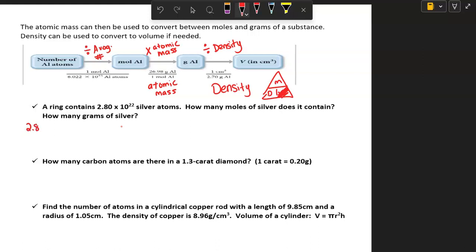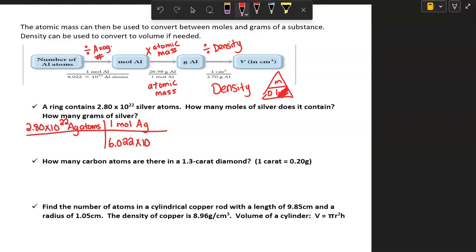So 2.8 times 10 to the 22nd silver atoms is where we're starting. 1 mole of silver, and the abbreviation for mole is officially MOL. I know, a 4-letter word with a 3-letter abbreviation, but just go with it.